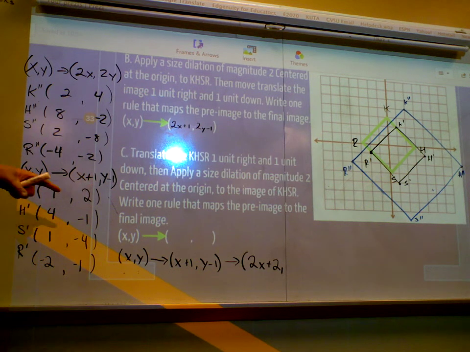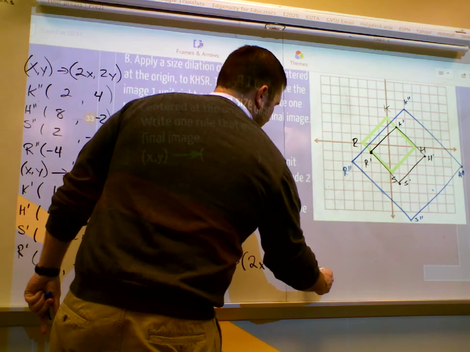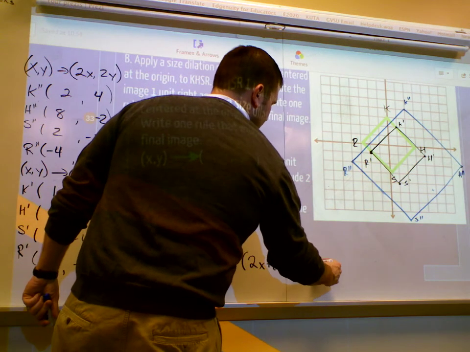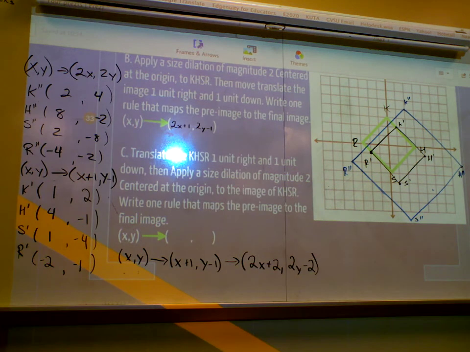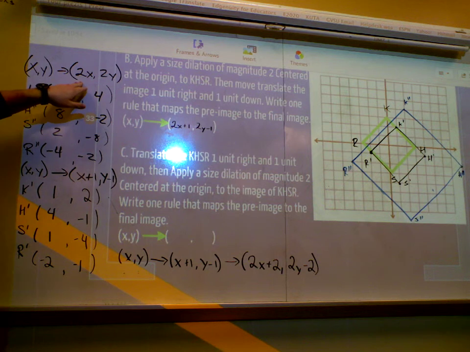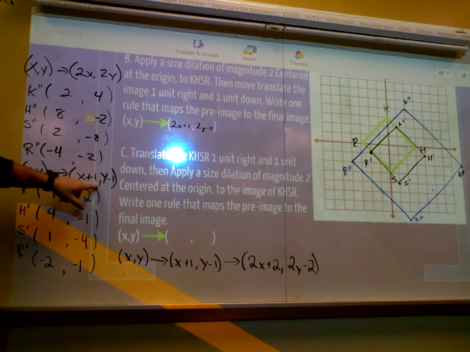Then my y component becomes 2y minus 2. What? You don't get that part. Okay. When we're doing a size transformation, we multiply our x-coordinate by 2, right? So my x-coordinate here was 1, right? The 1 came from 0 plus 1, right?